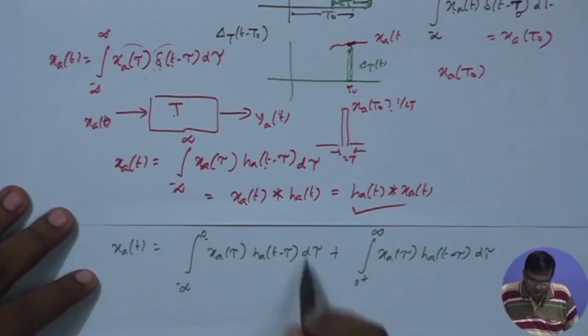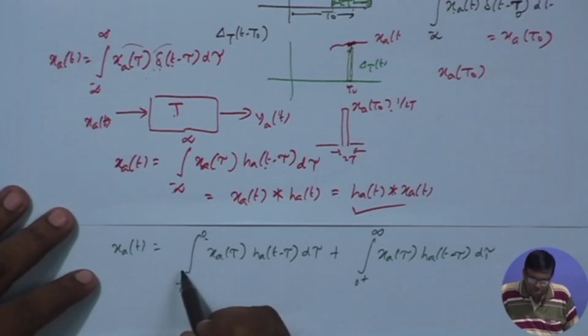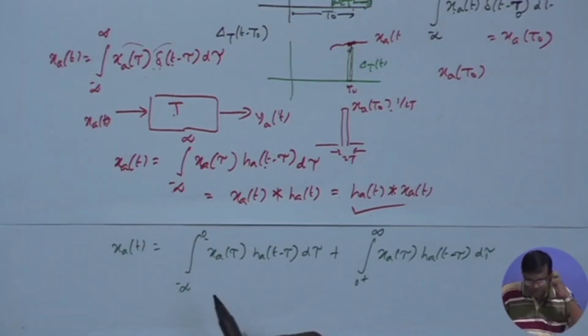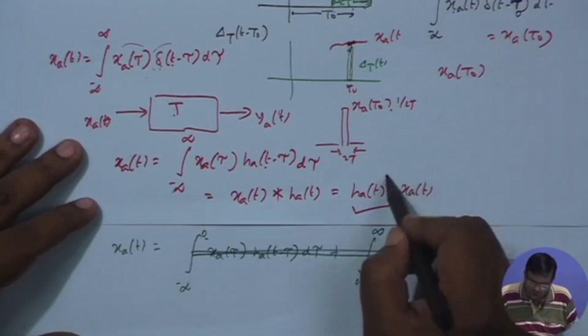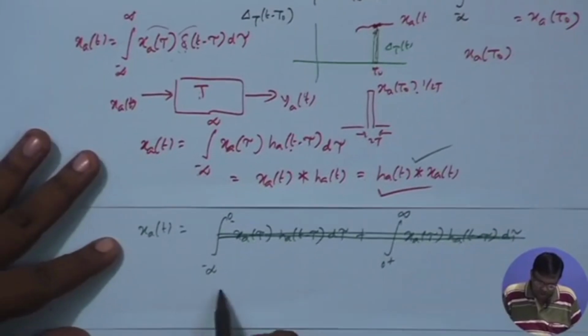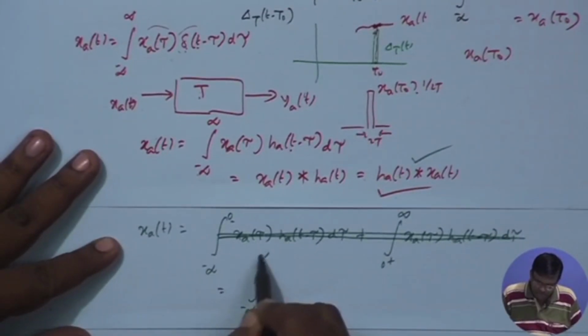In this part tau is taking negative values, but anyway I will not take this form. As I told you, I will take the other form. I was also making a mistake. Let me take that form.